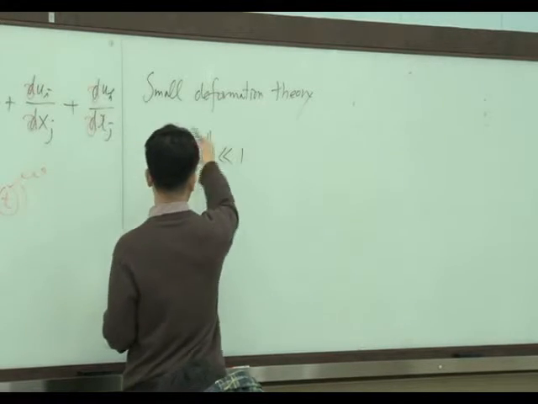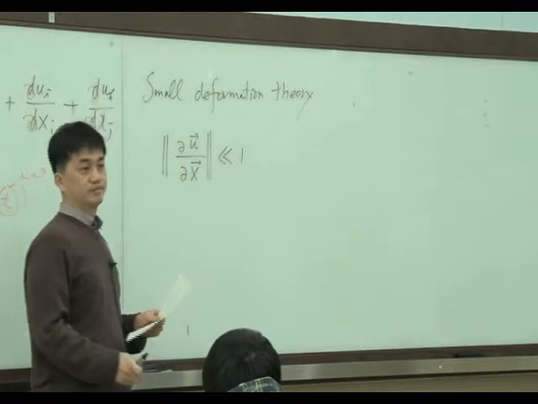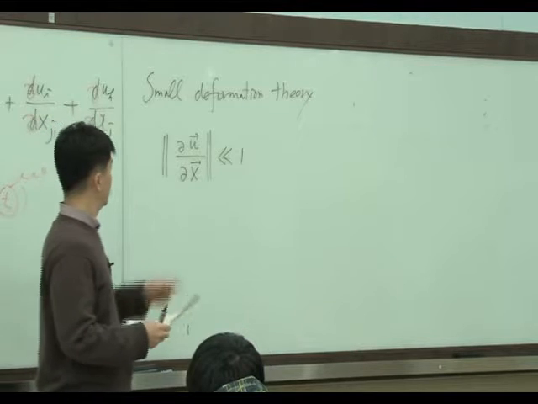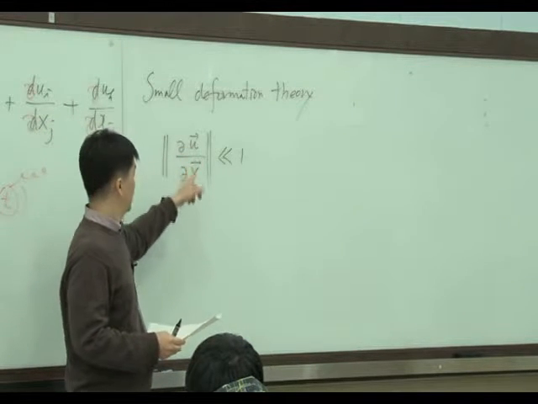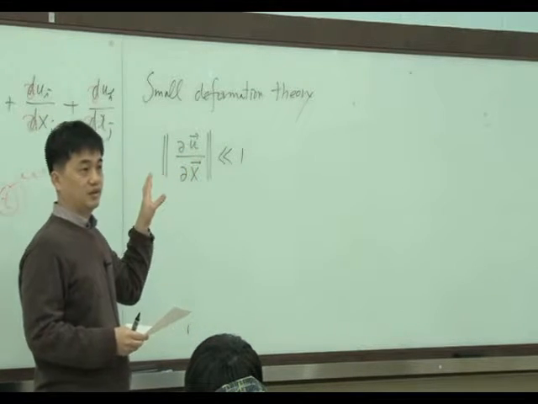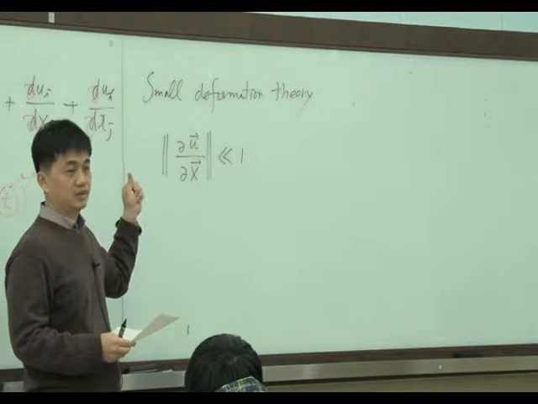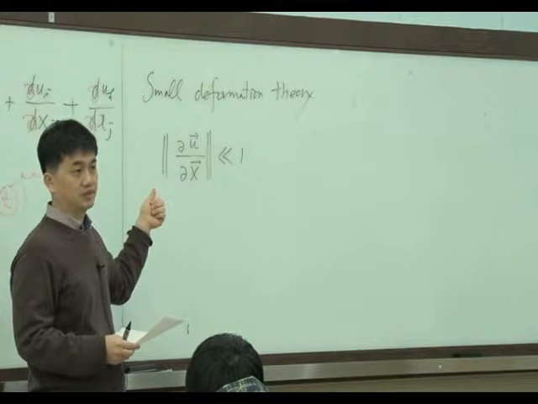So, gradient. This is a displacement. X is the initial configuration, right? This value is very, very small.